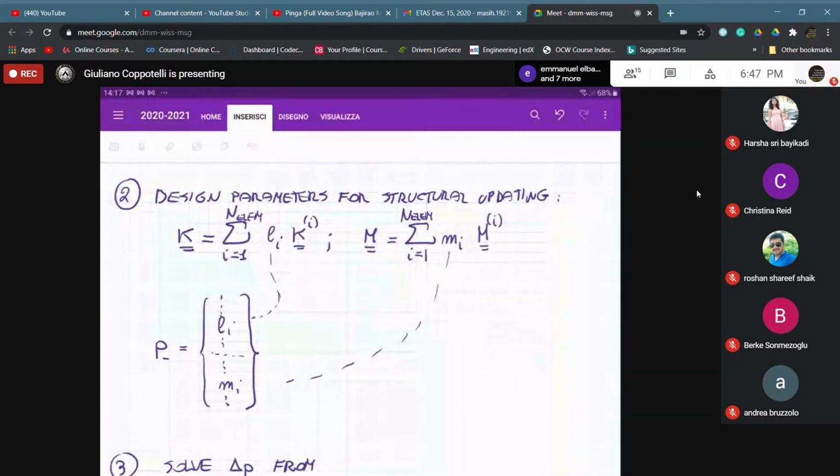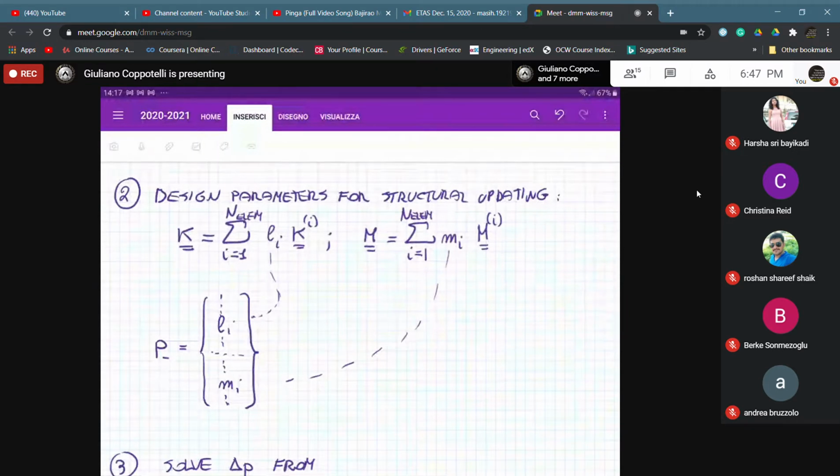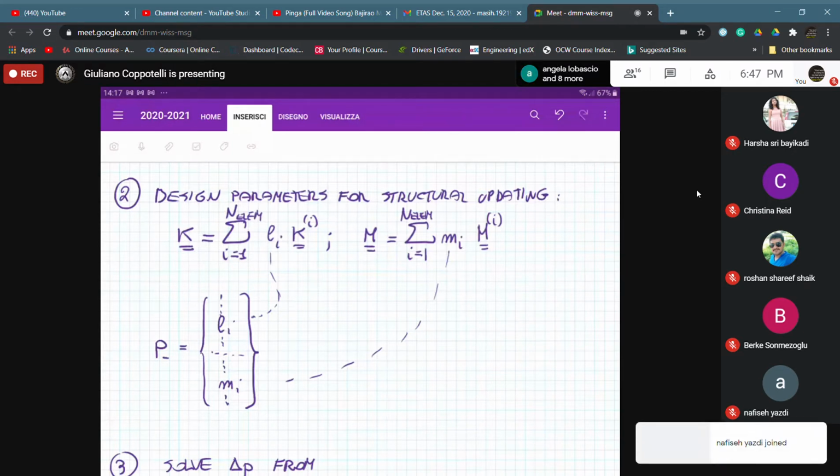That is, we are entering into the elemental matrices of your finite element models, both K and M, that is both the stiffness and the mass matrix, and we are introducing those design parameters as parameters that are multiplying these elemental matrices, K or M. Those parameters are cast together in order to build this structural updating design vector p that contains these parameters.